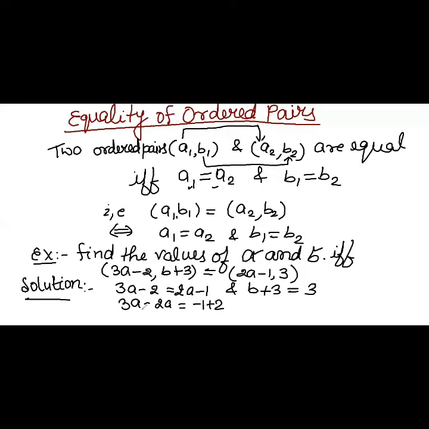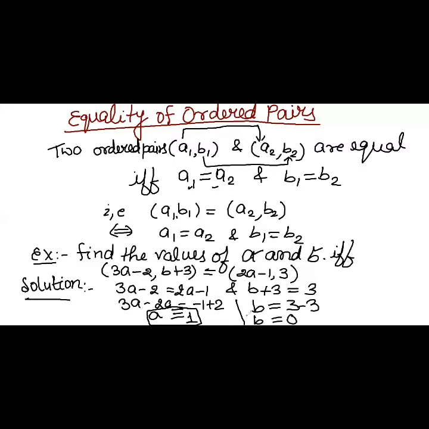So here we will get A equals 1. And B equals 3 minus 3, means B equals 0.